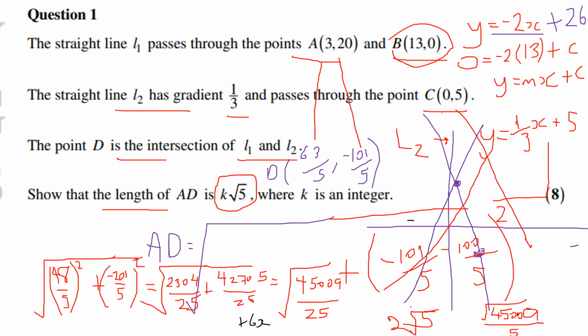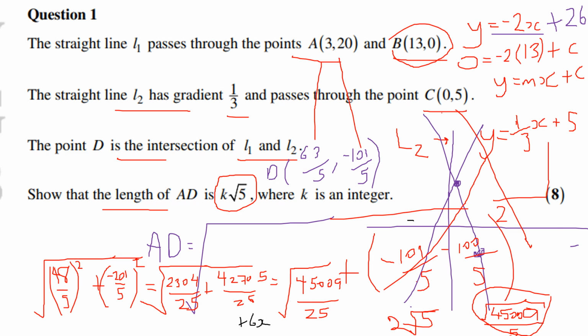I don't know any square numbers that go into it, because the square root of that is not a whole number. The square root of 45,009 is 212.1532464988457. So that's as far as I can go with that.